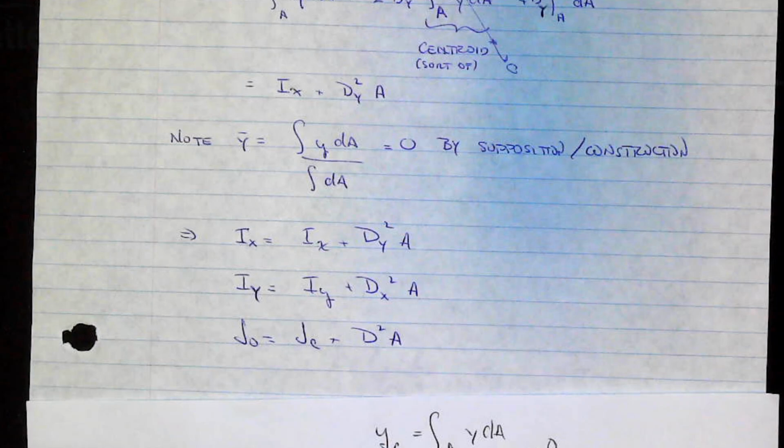Now, I want you to look at this term. All right, we've seen something like this before. If I wanted to get, for a cross-sectional area, the y-centroid, what would I do? I'd evaluate the following integral. Oops, not that one.